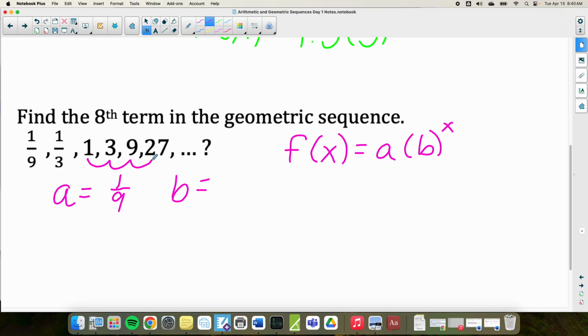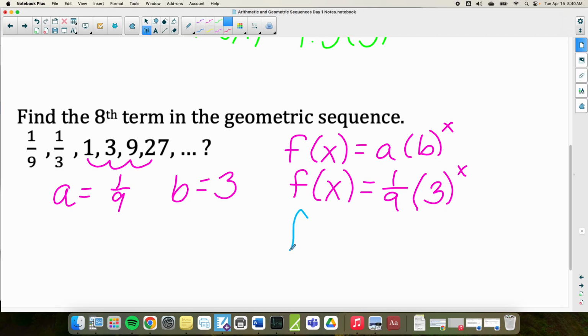They're multiplying by what? 3. So f of x is going to be 1/9 times 3 to the x, okay? And we want to find the 8th term. So what would we put in for x then? 7. So it'd be times 3 to the 7th.